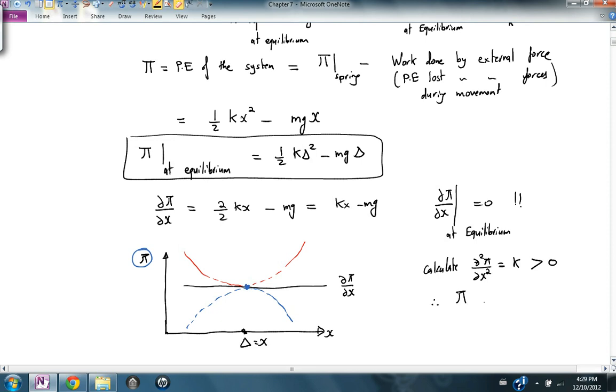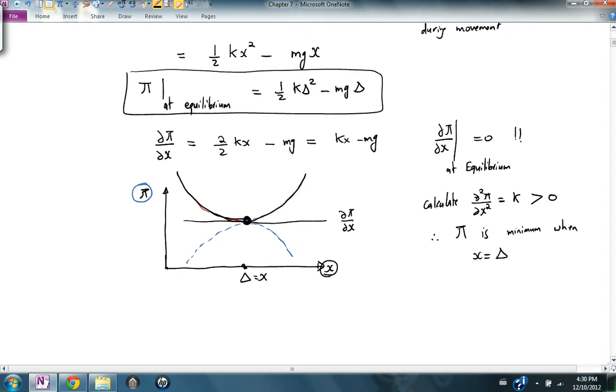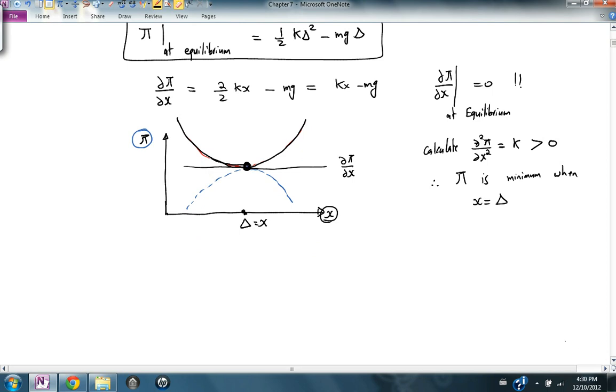Therefore, the potential energy is minimum when x is equal to delta, which means that this curve represents the potential energy of the system at any variable x, and when x reaches delta, the potential energy of the system is minimum.